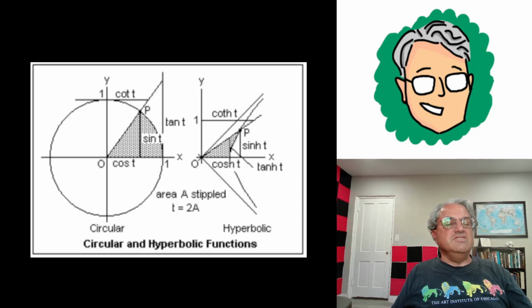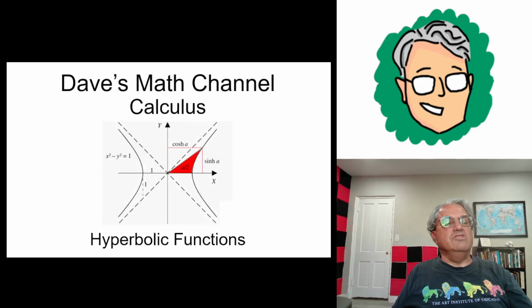You can do kind of the same thing with hyperbolic functions. Here, instead of the unit circle, we have what's called the unit hyperbola. I should talk about that a little bit. As you probably know, hyperbolas have two branches, and in this case we only care about the branch on the right.